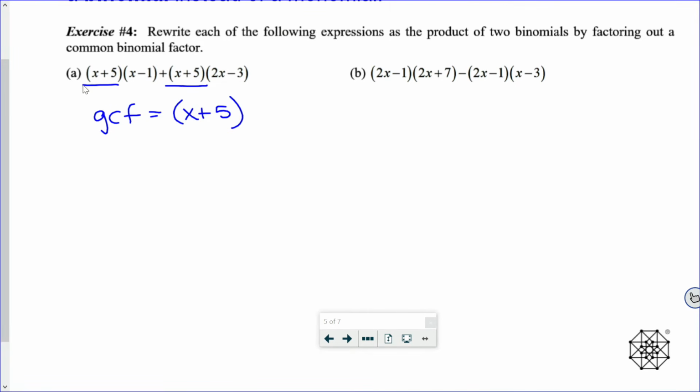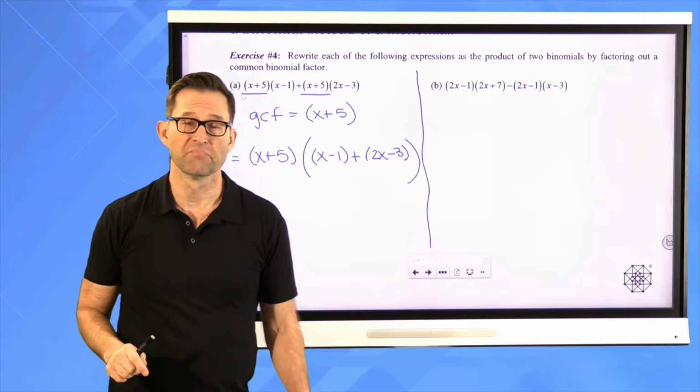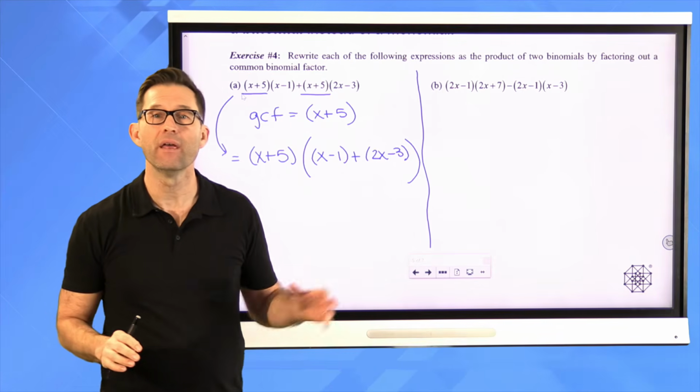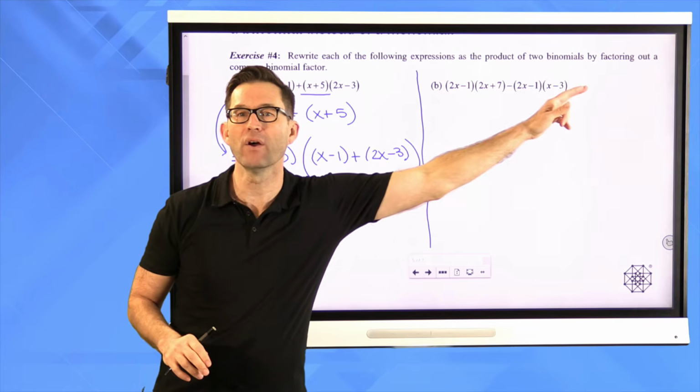So if I take this down here and I factor my x plus 5 out, what does it look like inside of the parentheses? Well, it looks like x minus 1 plus 2x minus 3. Now, that's pretty good. It's not done because it says rewrite the following expressions as the product of two binomials.